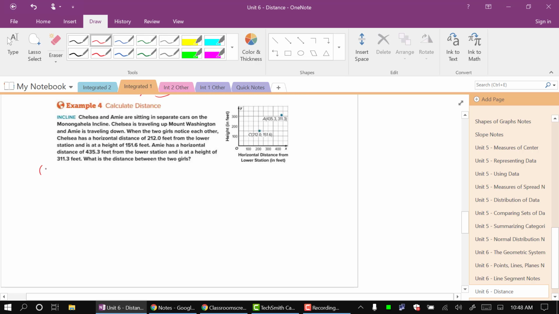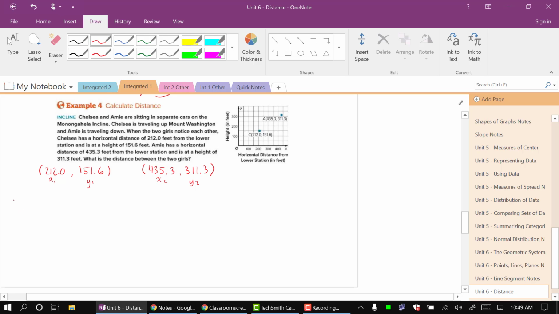So what does that mean? 212.0 is my x1. 151.6 is my y1. My x2 is 435.3, and my y2 is 311.3.